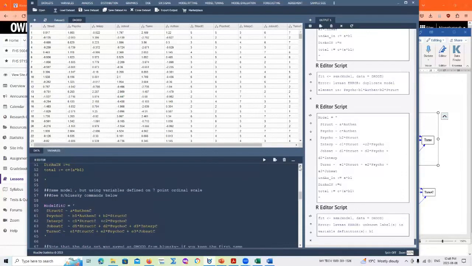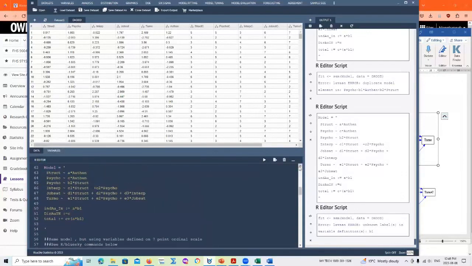You say B1, because I deleted B1. Where is it here? This one. So it's B2. It's just as well that I deleted it because the coefficient I was using was wrong to start with. So it's good that we made that mistake.